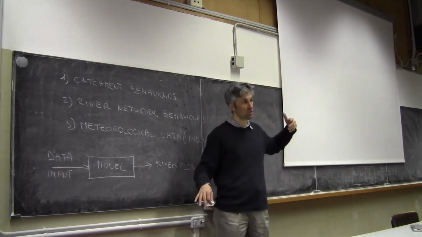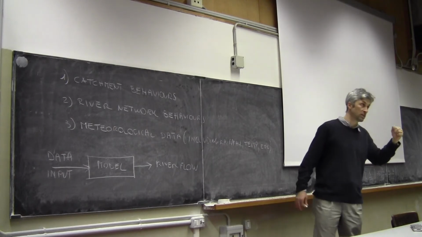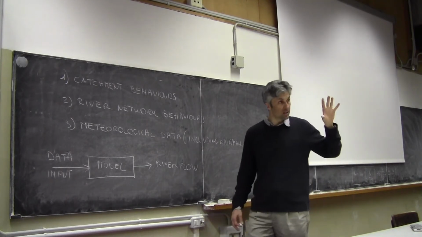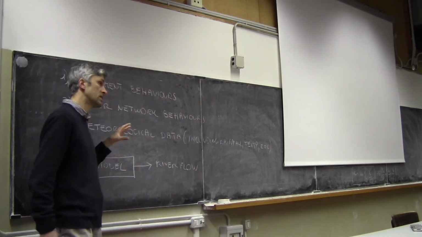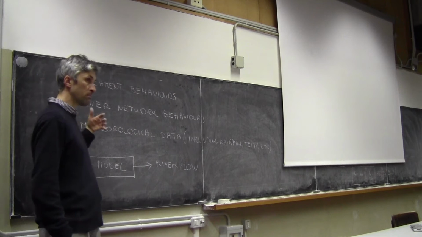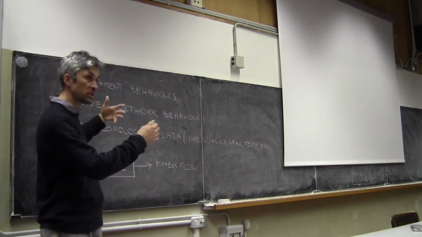And I would like to mention the first empirical relationship that was proposed, which is indeed the first rainfall runoff model, because I think it's important that I start from the empirical point of view to clarify what is the nature of this relationship.